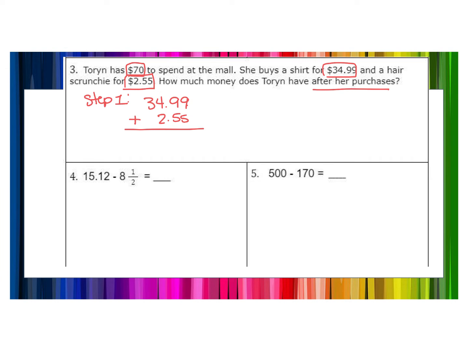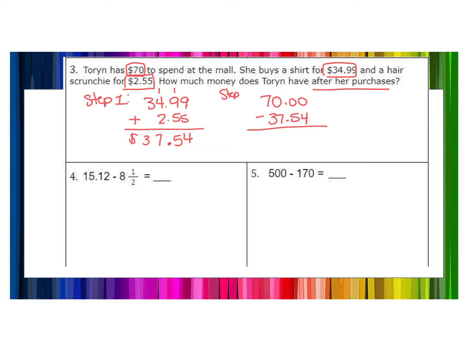And I'm going to get 14, 15, bring my decimal down, 7, 3. So I got $37.54. Now I'm going to take $70 and subtract $37.54.